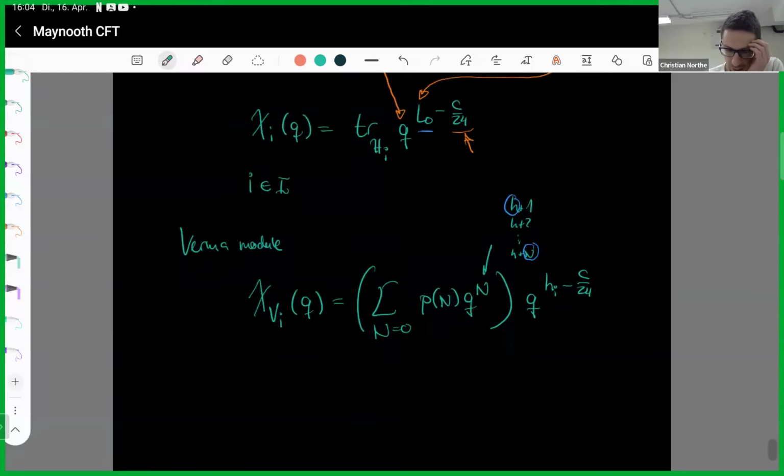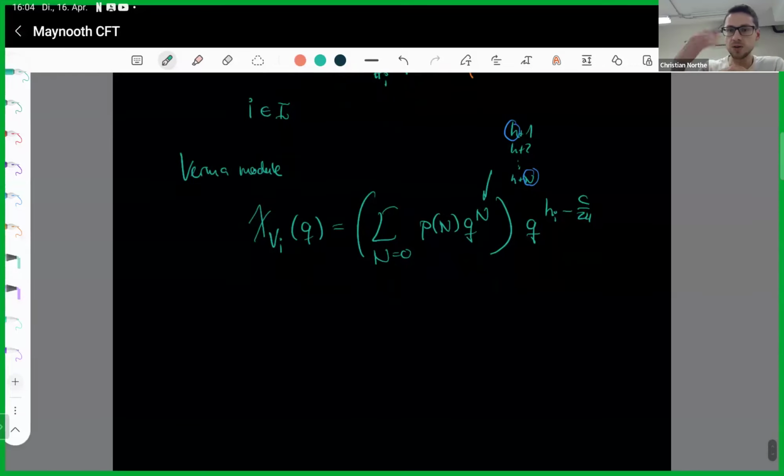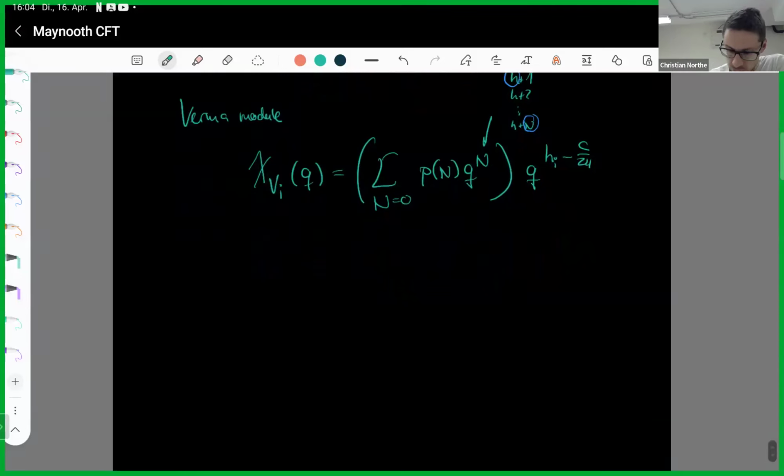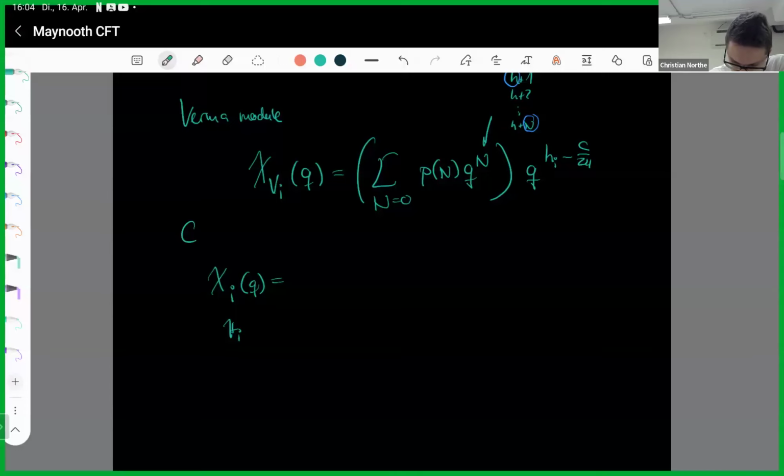We have done that. Now if you want to count states in this fashion, in a mini partition function for the irreducible core, what you're instructed to do is really straightforward. This is supposed to be the irreducible core. So when I write I instead of V_I, I mean the irreducible piece H_I. Let's write the character of H_I.